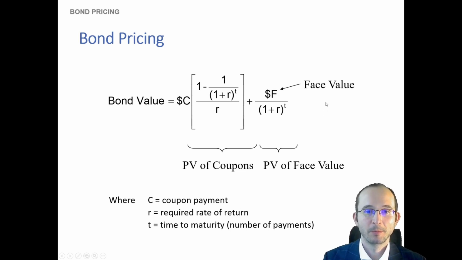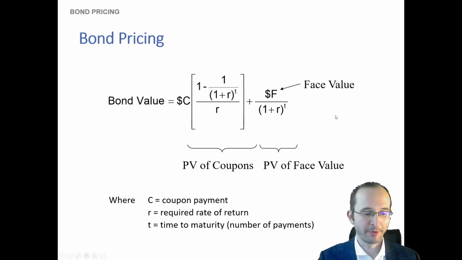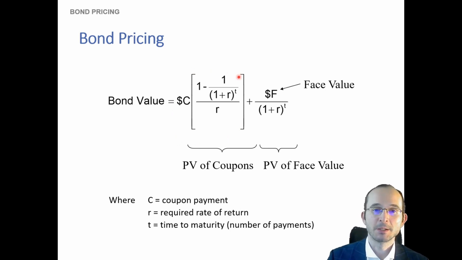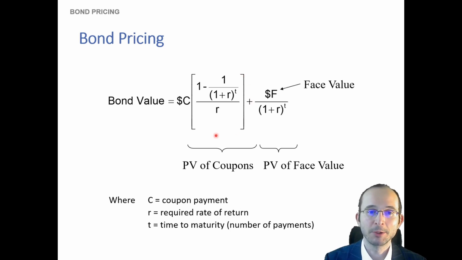So how do we do it? Well, there's a number of ways. We can, first of all, compute the present value of coupons using a present value of an annuity formula. Remember, in this case, we can represent this bond as two parts. The first part is an annuity that pays you $100 a year for the next 5 years.